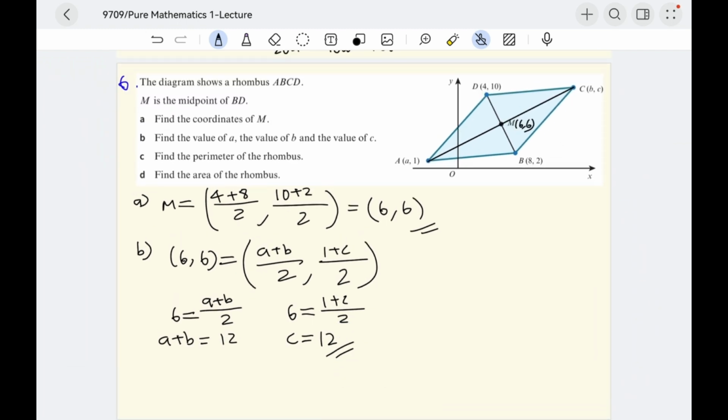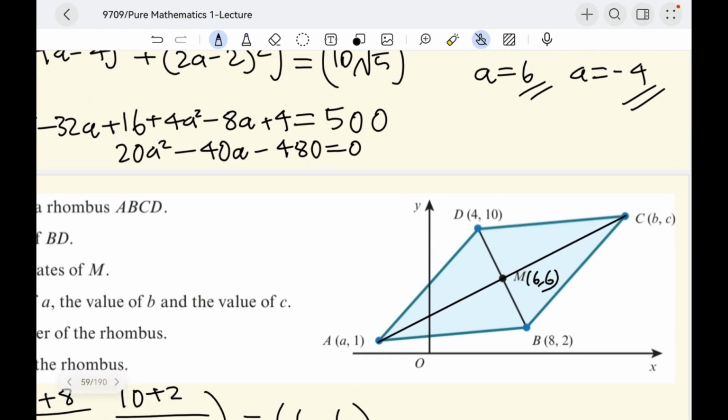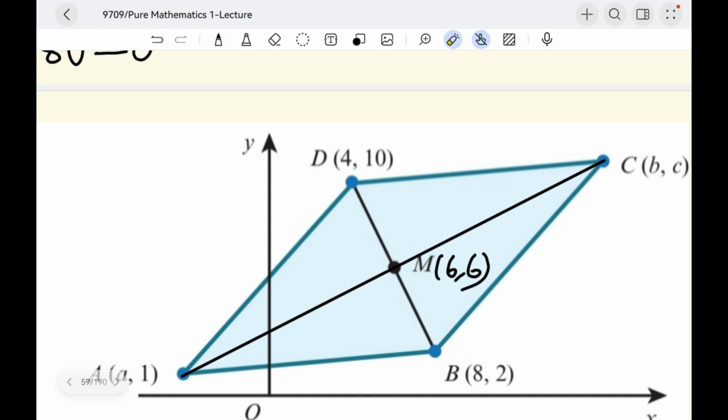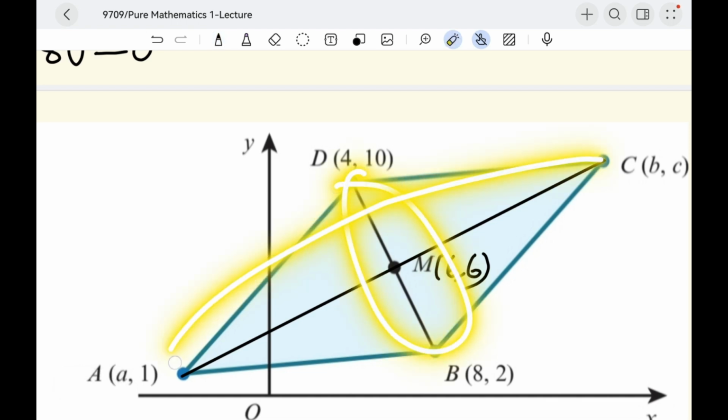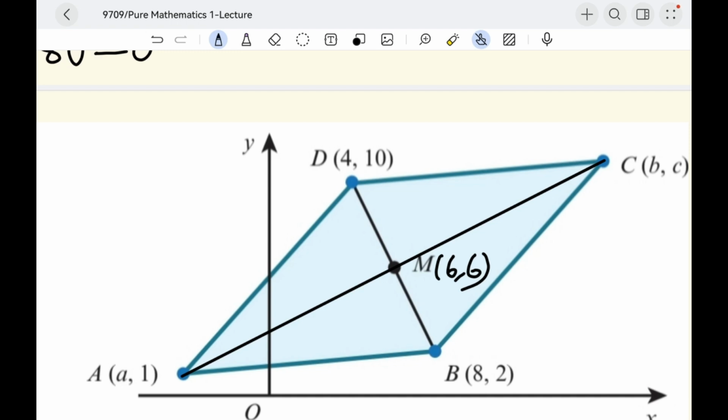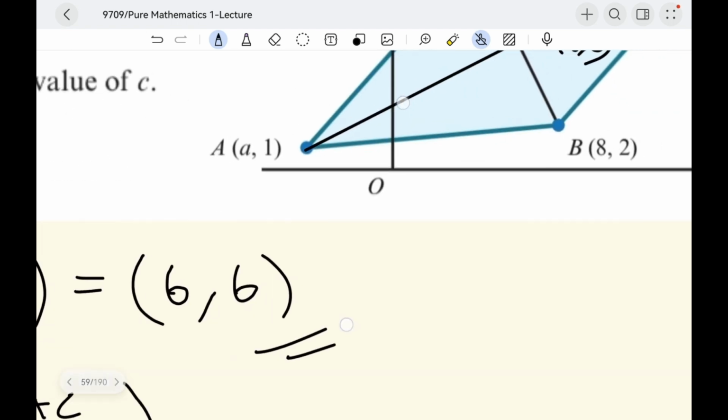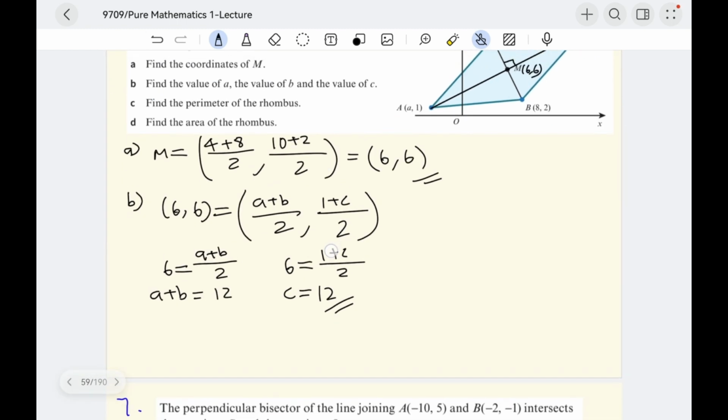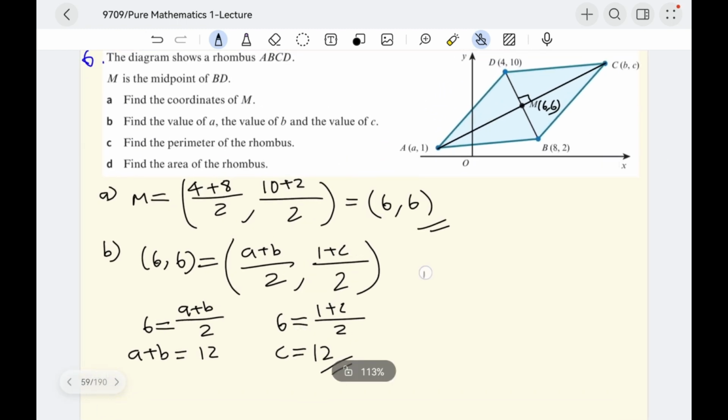But how to find the values of A and B? Okay, so you have to be aware that these two diagonals, they are perpendicular to each other. So means that you need to find the gradient of BD and gradient of AC.